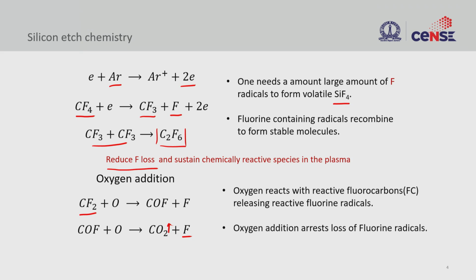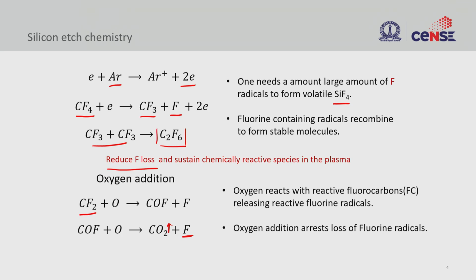So you always generate a volatile product, in this case carbon dioxide gas, which is stable and can be easily extracted, while fluorine can be used for the reaction. This is how we add additive gases to work out a chemistry with which you can increase the reactive species, in this case fluorine.